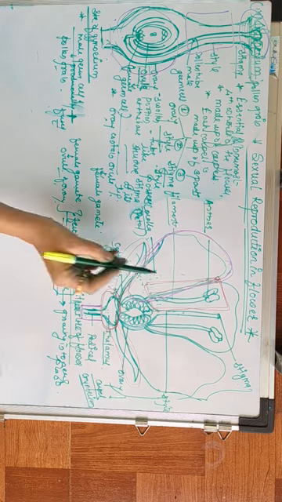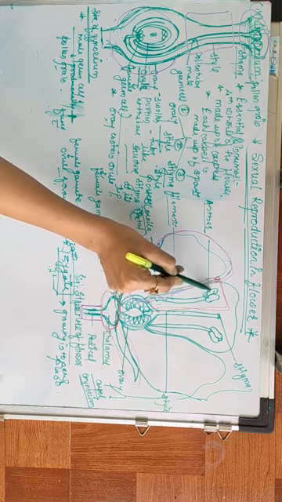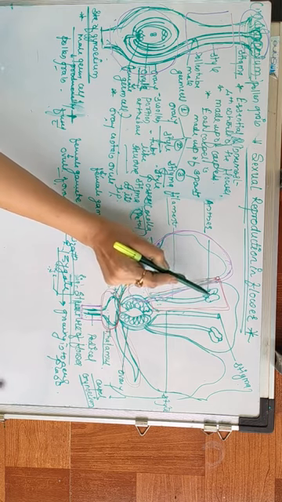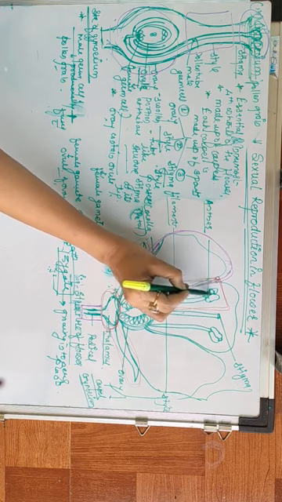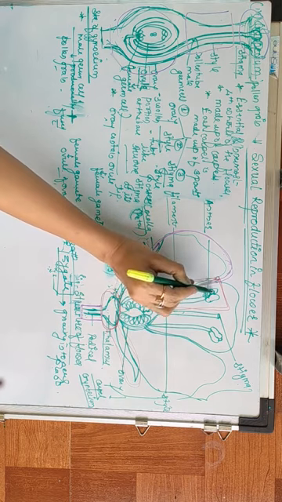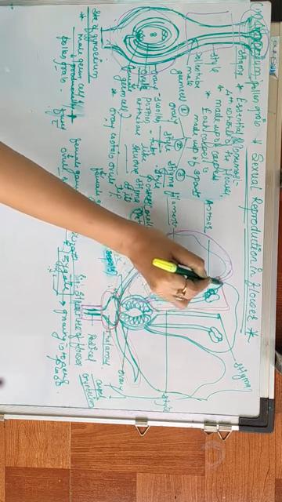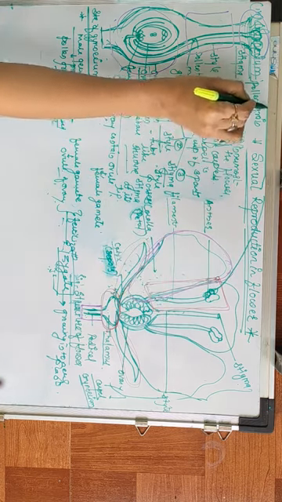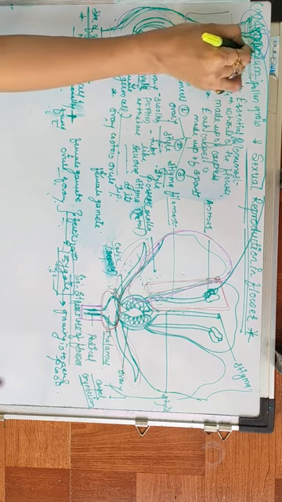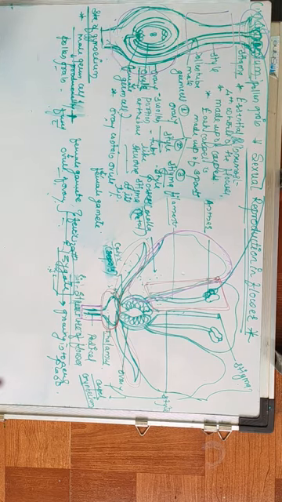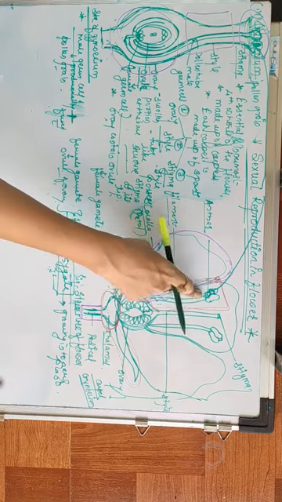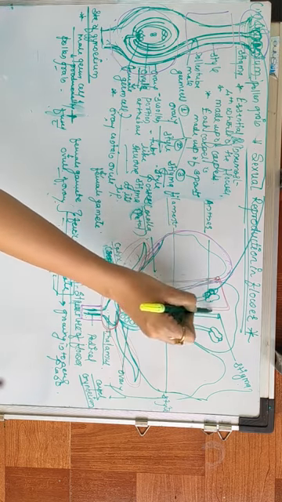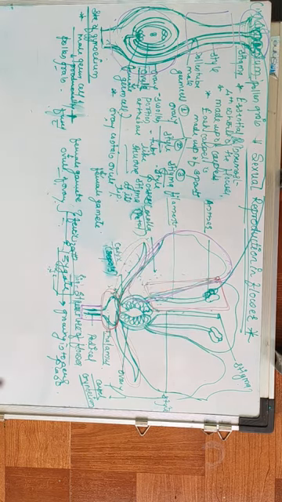You can see here the pollen grains and the anther. Now this anther has two chambers called pollen sacs, and each pollen sac has many pollen grains. Now these pollen grains are transferred to the stigma of the gynoecium. Where do the pollen grains go from here? Here.